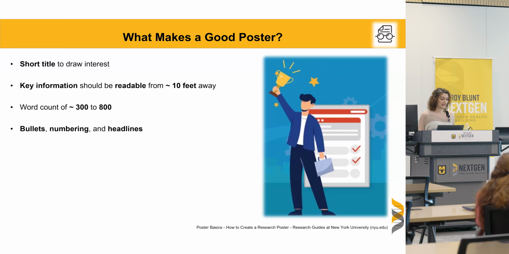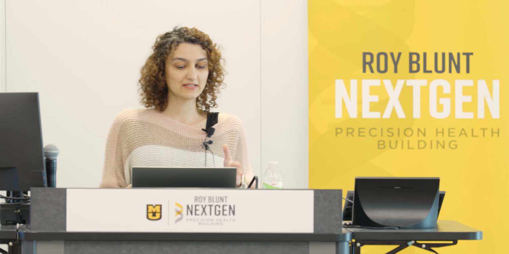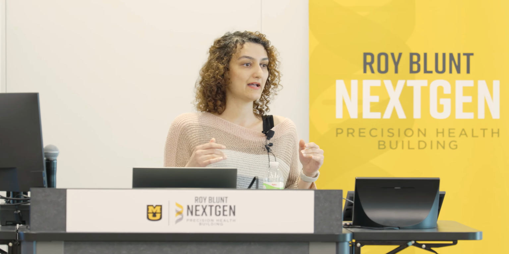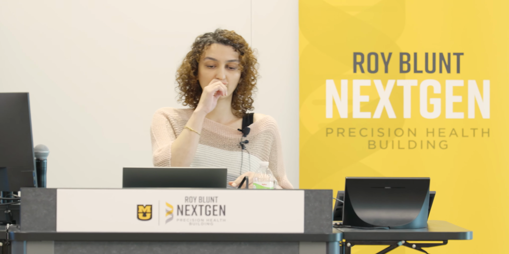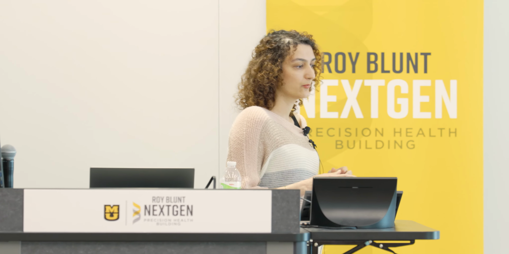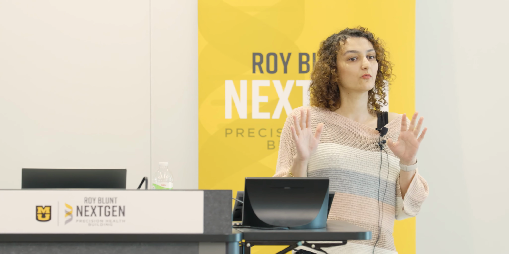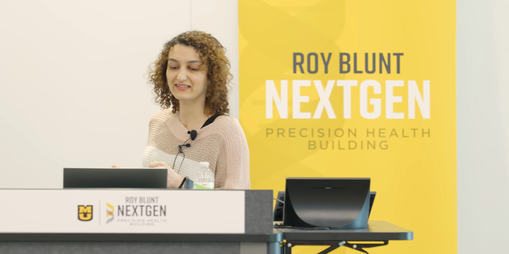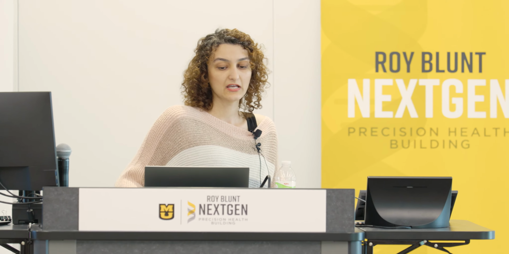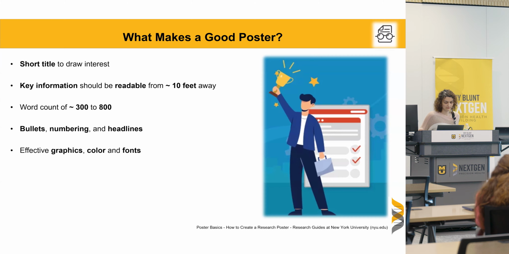Bullet numbering and headlines can help us present our data better, because it's easier with bullet formats. I'm repeating myself about bullet formats because I saw a lot of posters that have too many words and a lot of text that is sometimes overwhelming. So these features can help us to get a better poster.